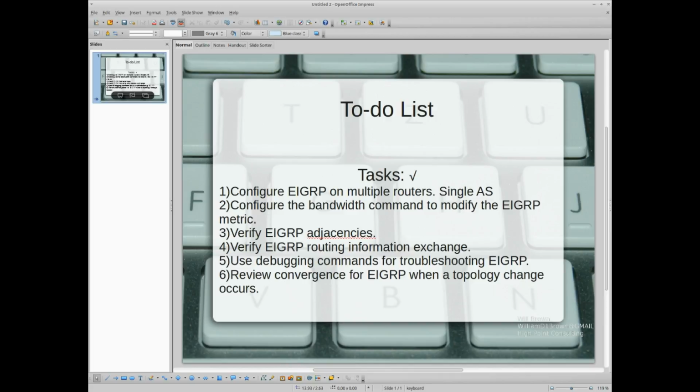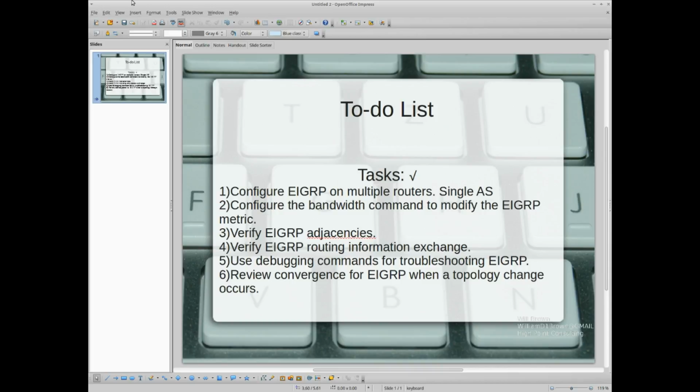In addition to the debug commands, I'll also be using Wireshark captures. While the debug provides really detailed information, the captures go even deeper, and there's information in the capture that's not readily available in the debug message. And then we'll take a look at how convergence occurs.